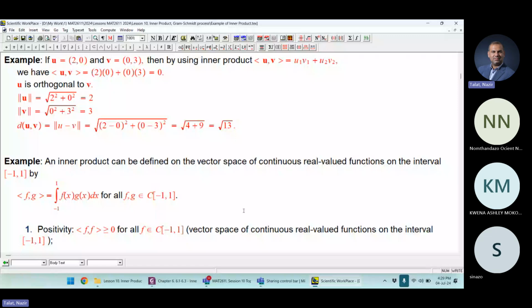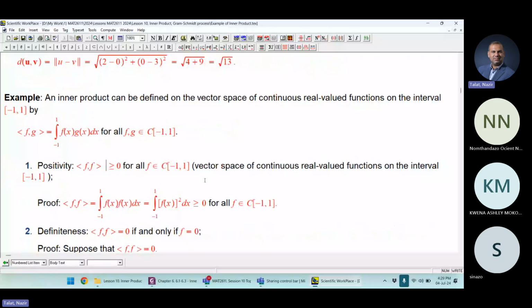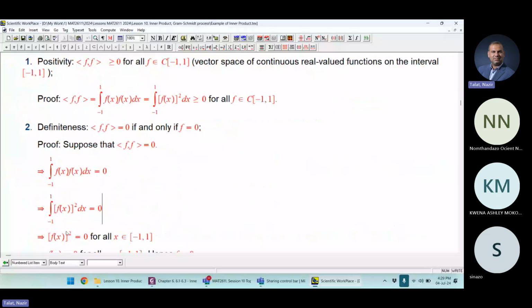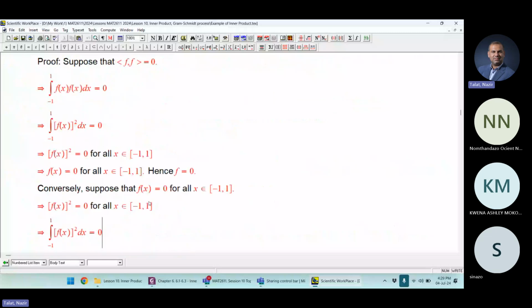So here one can see that the inner product of f with f is greater than or equal to 0 for all f in this space, and moreover, one can see that the inner product is equal to 0 if and only if the function is itself 0.